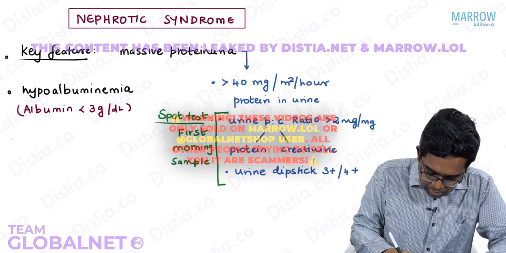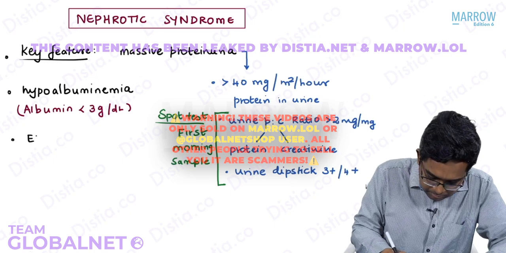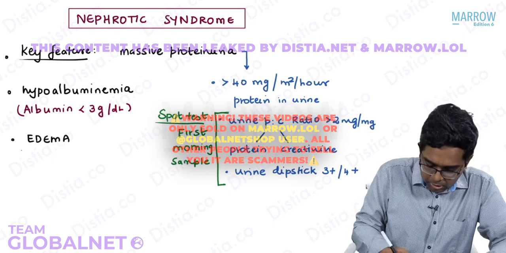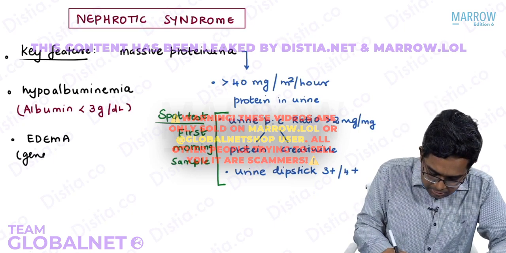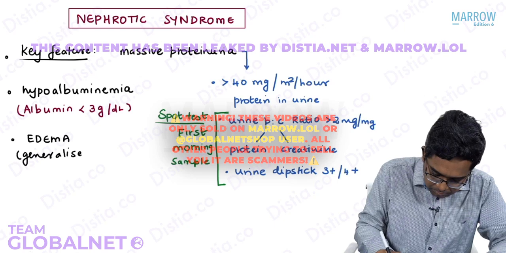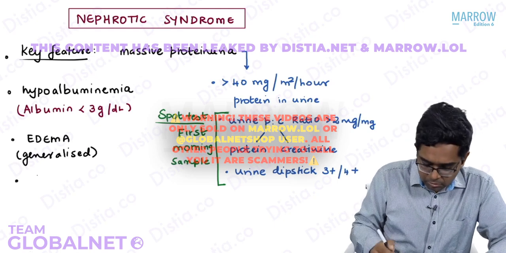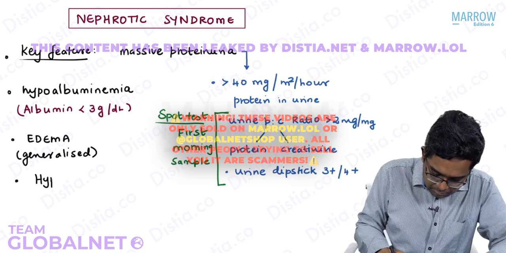The third important point is edema. Usually in nephrotic syndrome, you have edema all over the body, what is called generalized edema. And the final thing which can be noted in most cases of nephrotic syndrome is hyperlipidemia.